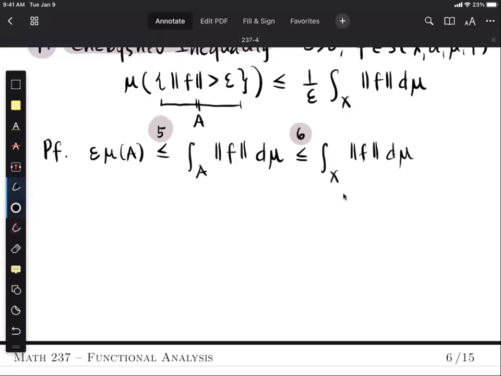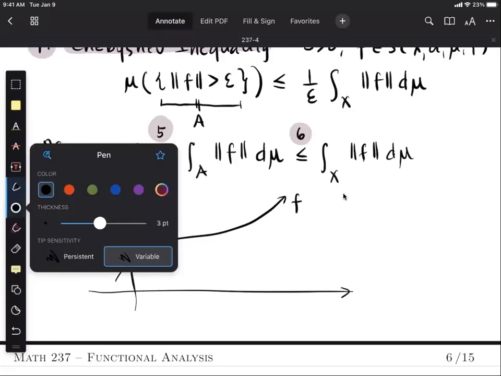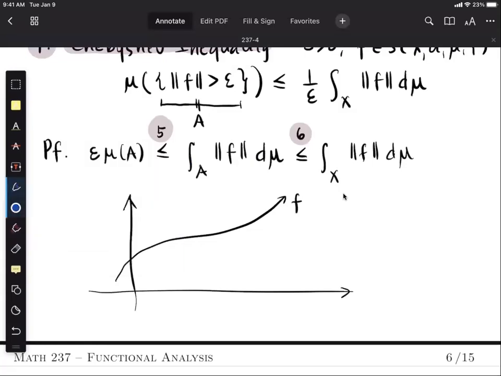So looking at a geometrical interpretation, suppose this is f, or we should say the norm of f, and I take, let's say, an epsilon.